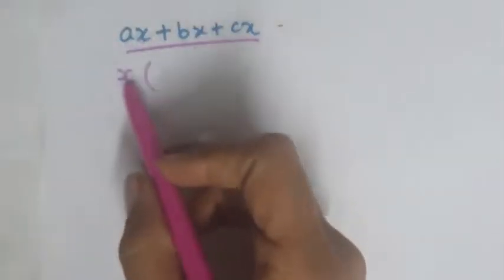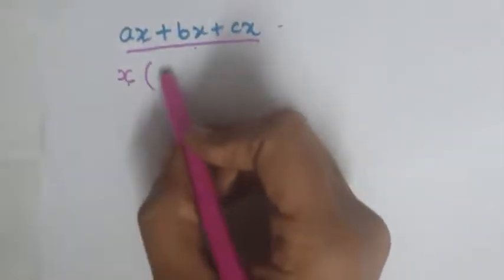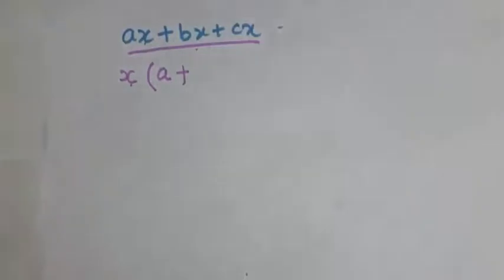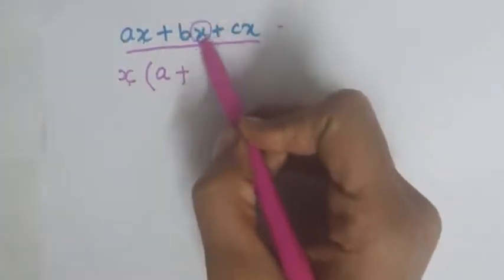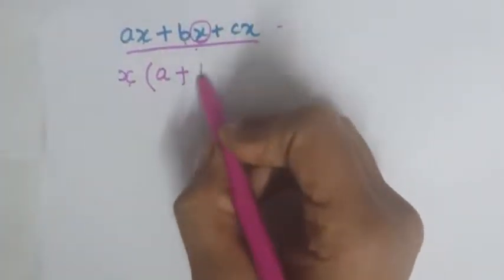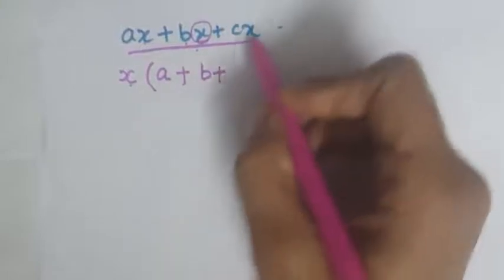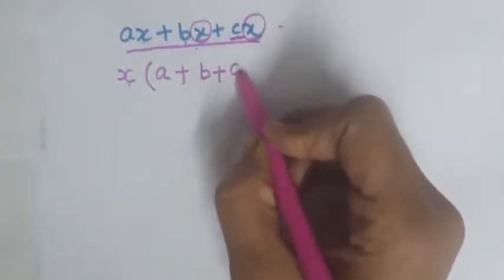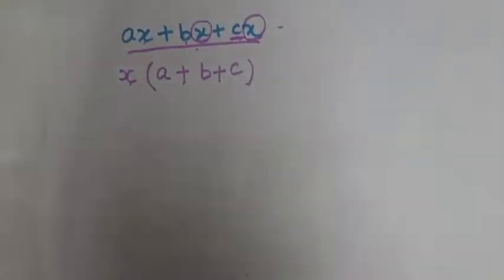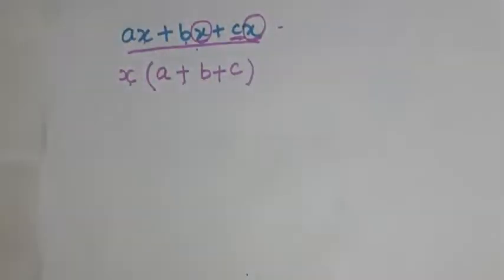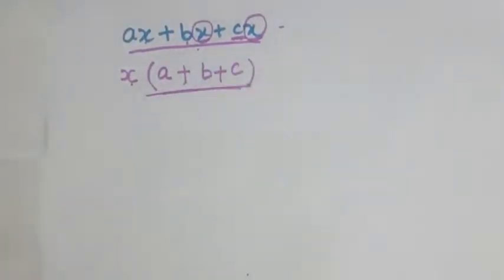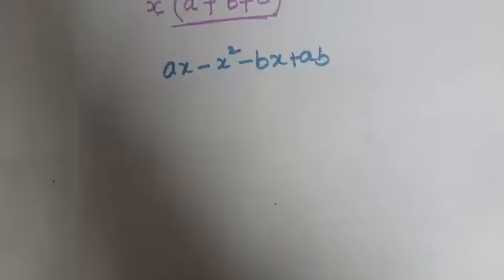So x is common here, I am left with a. x I have taken, so what is left? b here. x is taken common, what is left? c. So this is your final answer, because now there is no other term left which we can take common.